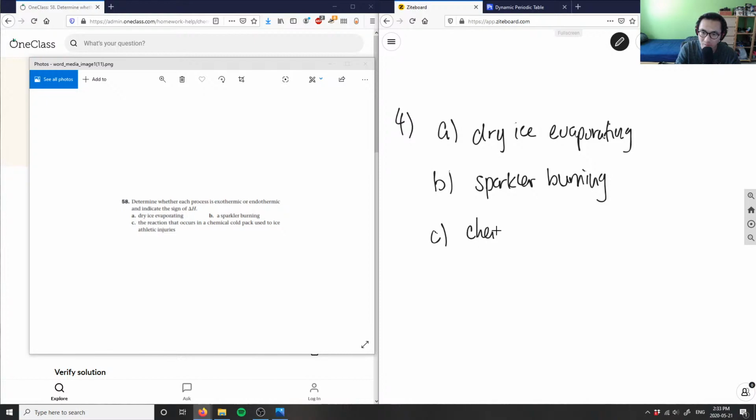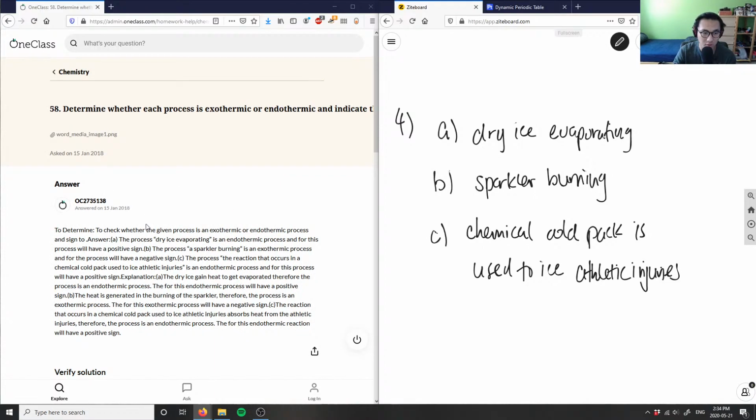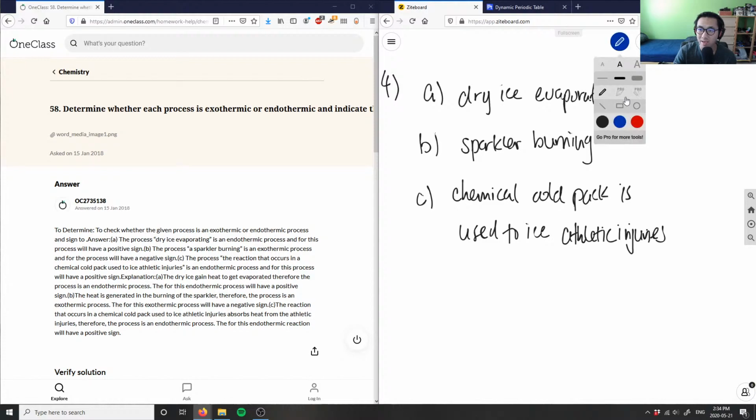So a chemical cold pack is used to ice athletic injuries. Okay, so we have these guys here, and again, the solution is here, so that's good. So we care about whether it's exothermic or endothermic, and what's the definition of those two?